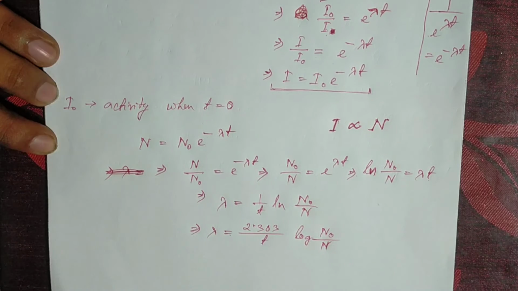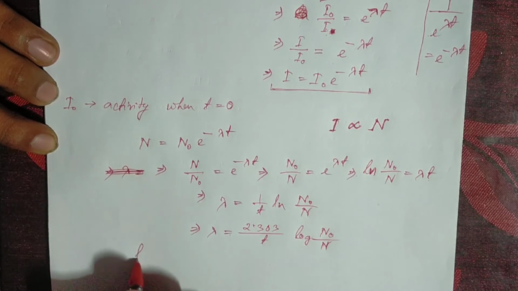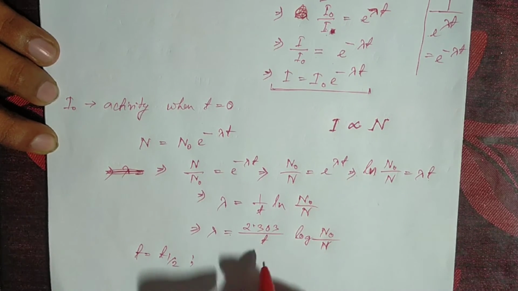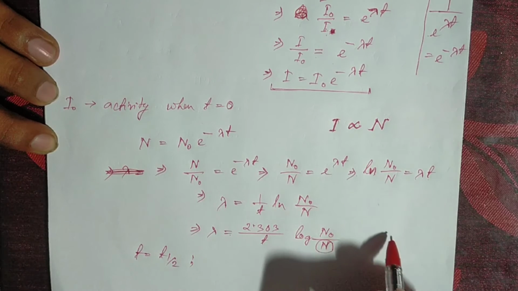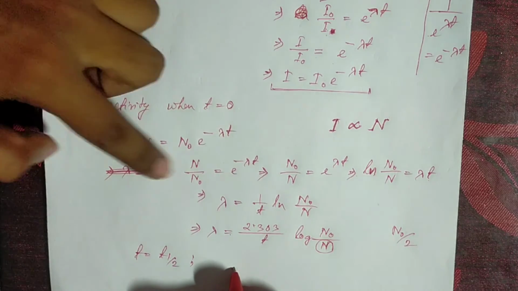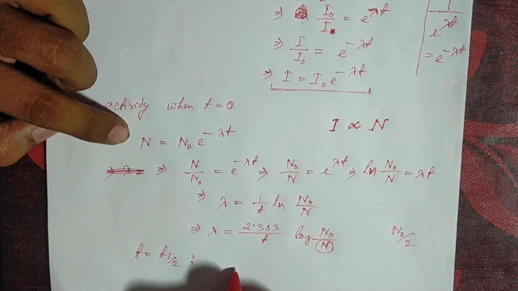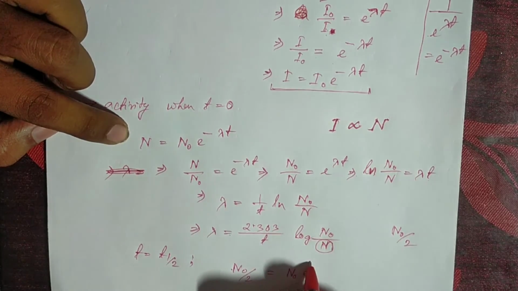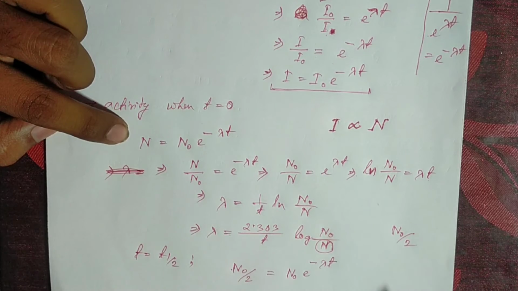Now if we calculate the half-life of this radioactive decay, what will be t half? That means this n will be n naught by 2. So from this equation we can write n naught by 2 is equal to n naught e to the power minus lambda t.